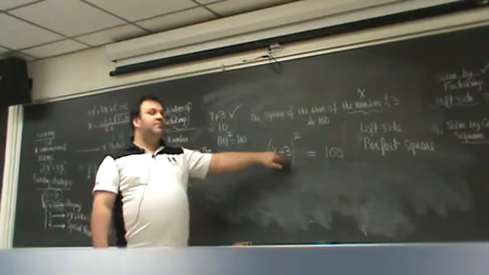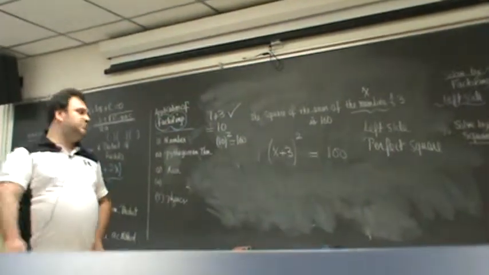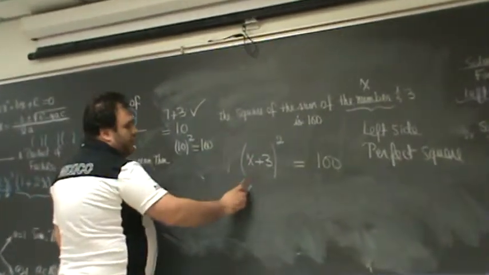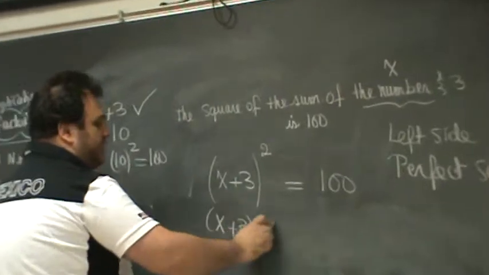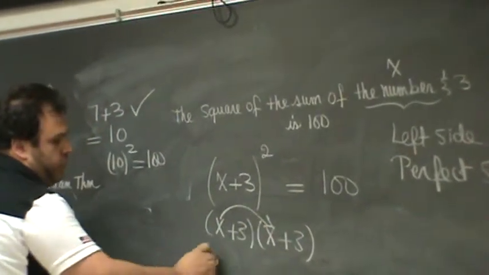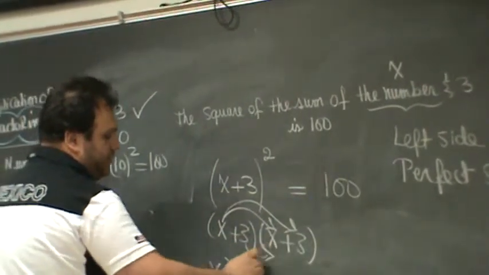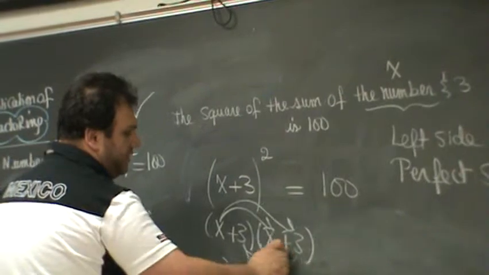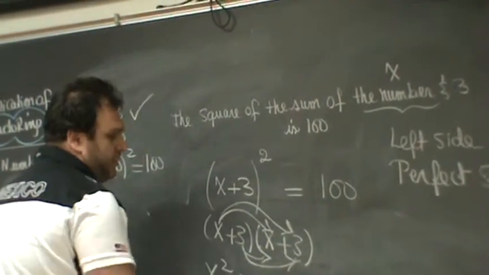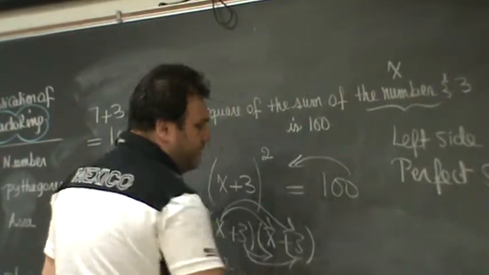This is x plus 3 multiplying itself how many times? 2 times. Let's do multiplication. What is x plus 3 times x plus 3? What's x times x? x squared. And then plus 3x. And then plus 3x. And then plus 9. And then I'm going to take that 100 over here because negative 100 equals 0.